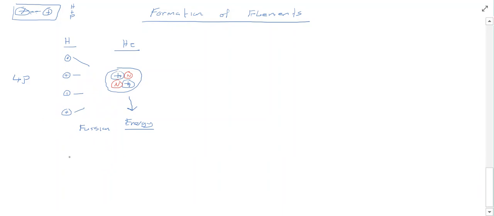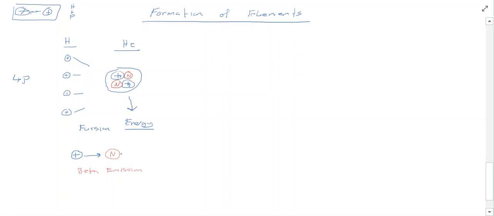So this process where you have a proton and it changes into a neutron is what's known as beta decay, or beta emission.